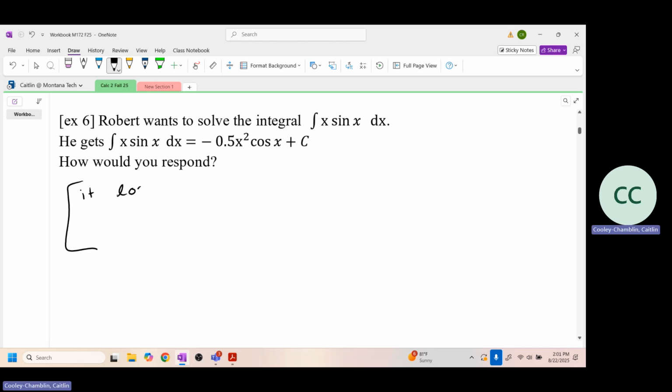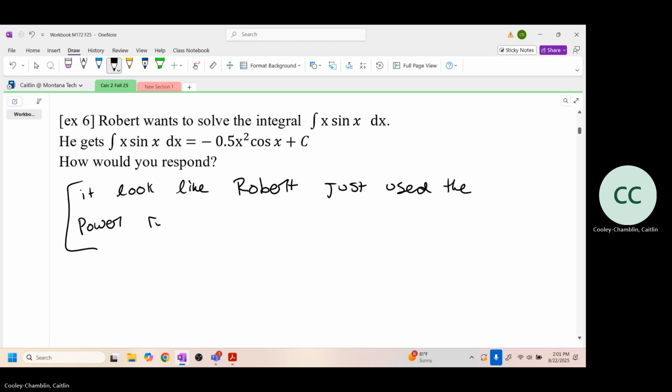It looks like Robert just used the power rule on the x to get x squared over 2. Oh, he also just integrated sine.